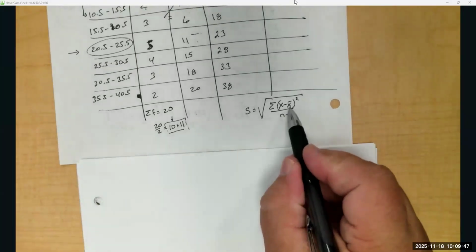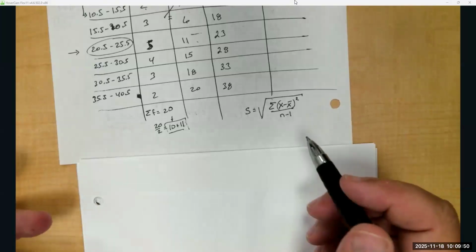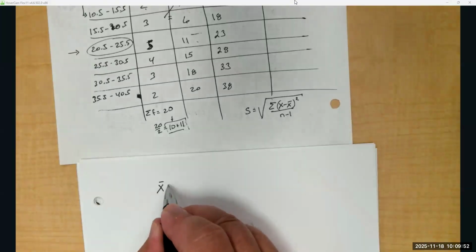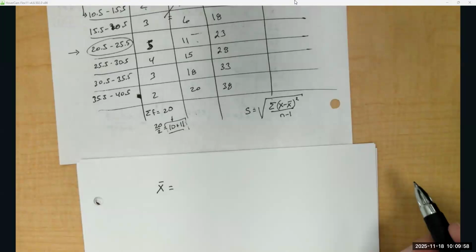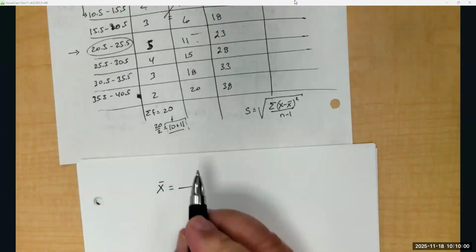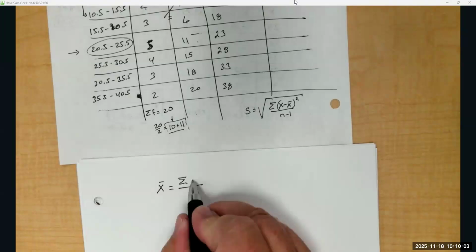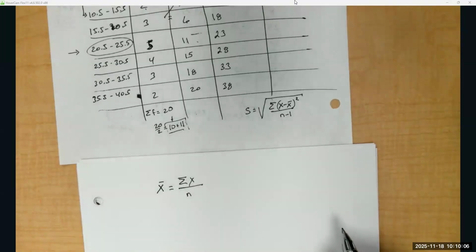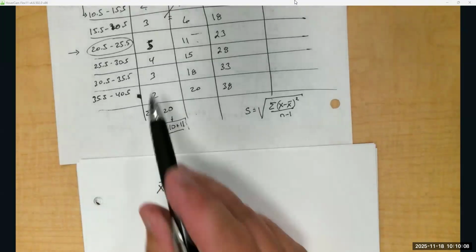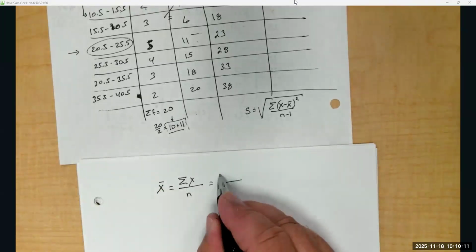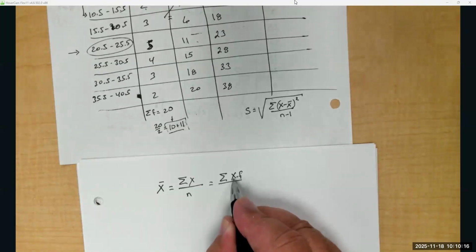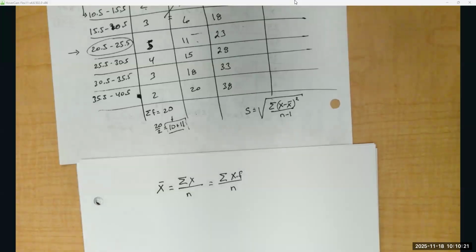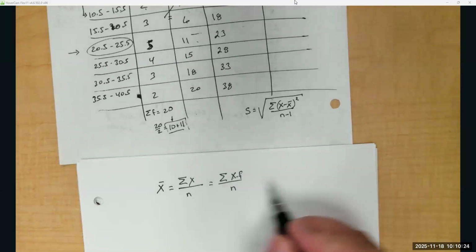In order to find the deviation and variance, we need to know the average. How do you find the average of a frequency, a grouped set? Remember, it used to be add up all your data and divide by n. But now we have frequencies. So what we have to do now, each data element times its frequency, add up all those and divide by n. Why is that?